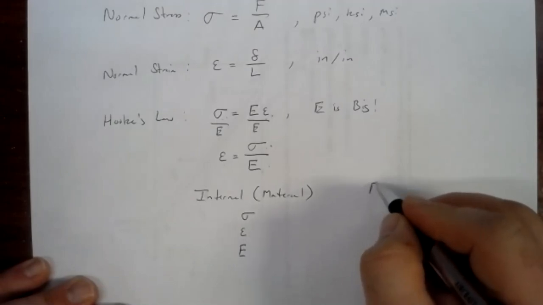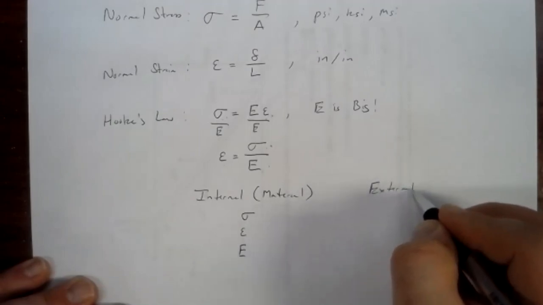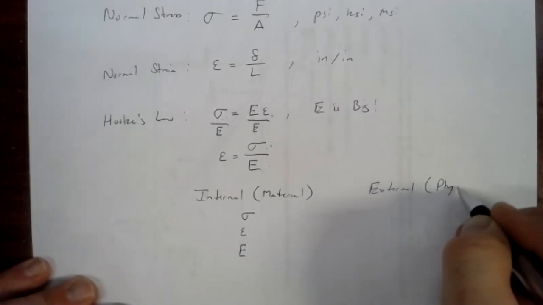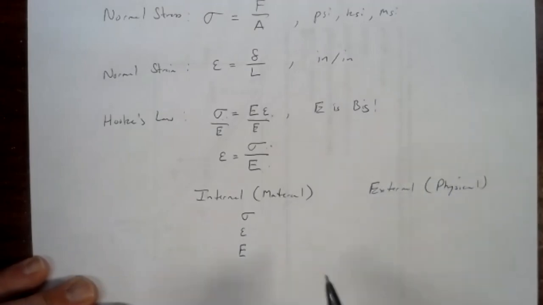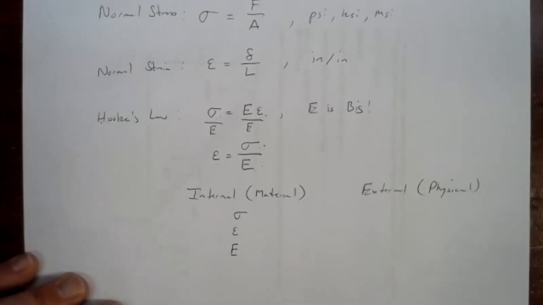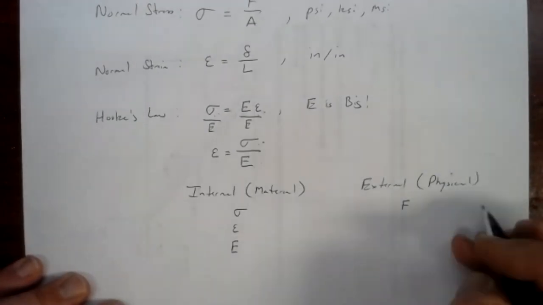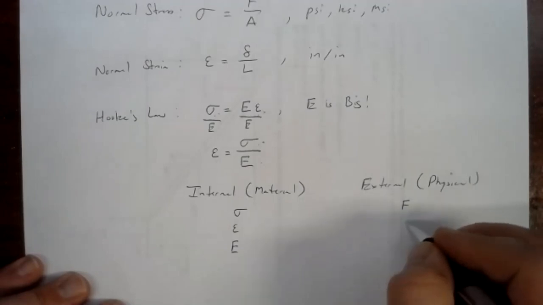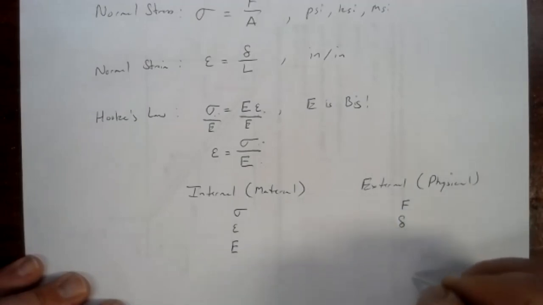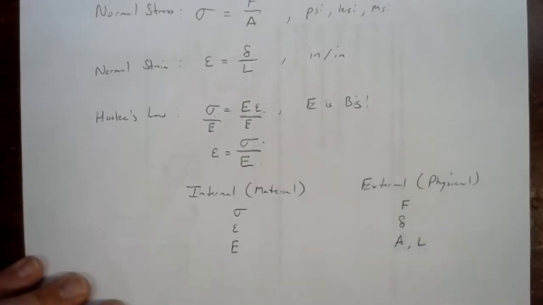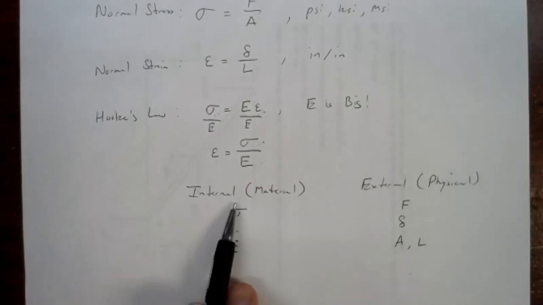Then we have these external values, or the physical values. The external picture, what we see, what we can actually measure. We've got force, we've got our elongation, and we've got geometry: area and length. Those are all in the outside picture. They're things we can measure from the outside. The internal picture is all about the material.